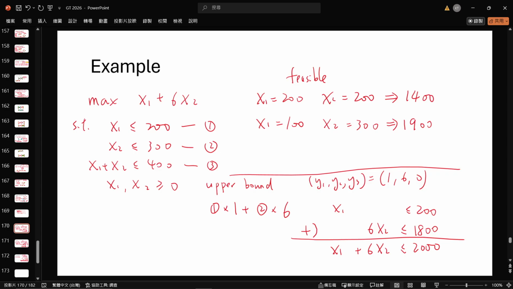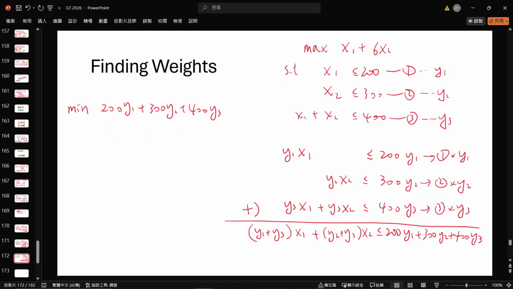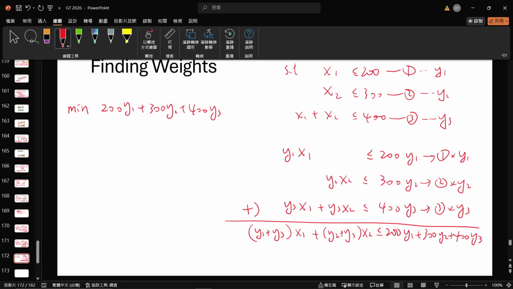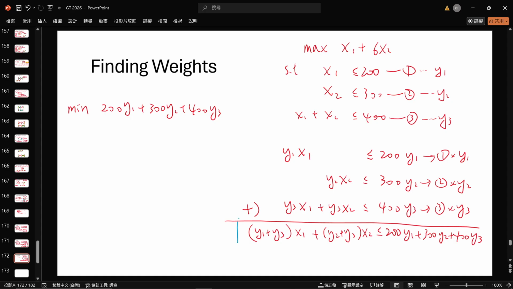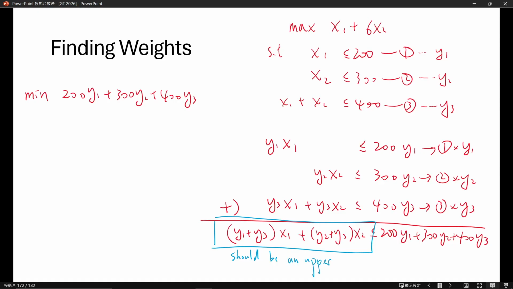The left-hand side is an upper bound of the original function. So this one should be an upper bound.